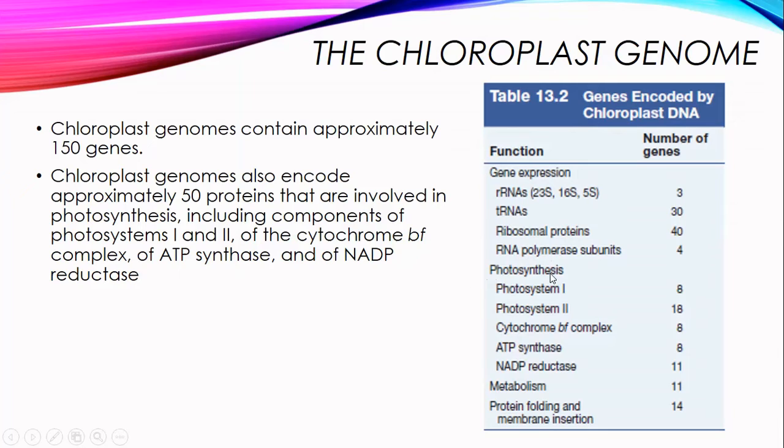In the photosynthesis naman, we have the photosystem 1, photosystem 2, the cytochrome b6f complex, ATP synthase, and NADP reductase. We have the metabolism. We have 11 genes coded for that, and protein folding and membrane insertion. We have 14 genes.